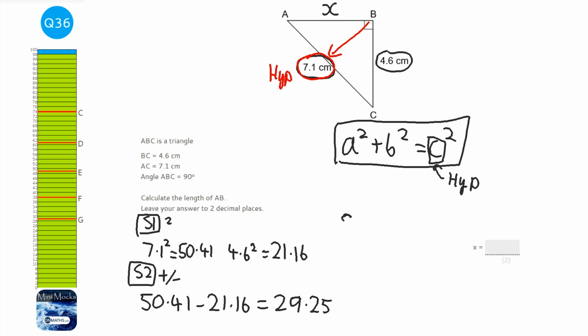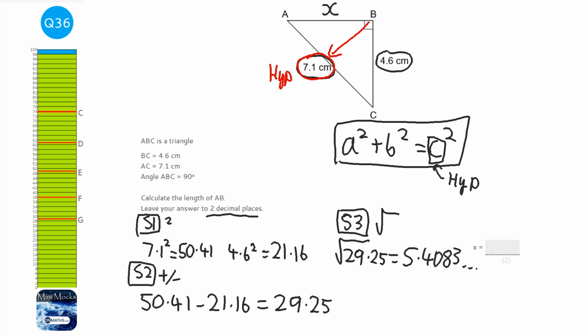Okay, and step 3 is a nice easy step, it's just root it. So with this one, I'm just going to press square root answer, and then I'm going to write that down, square root 29.25, and so that equals 5.4083, and so on.